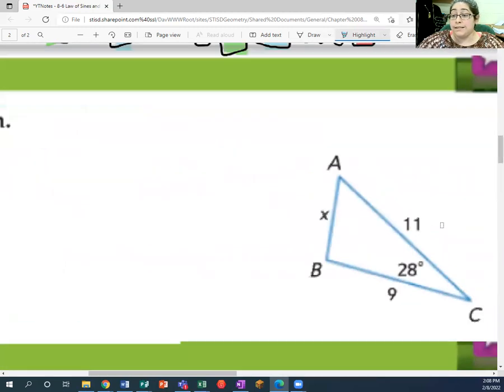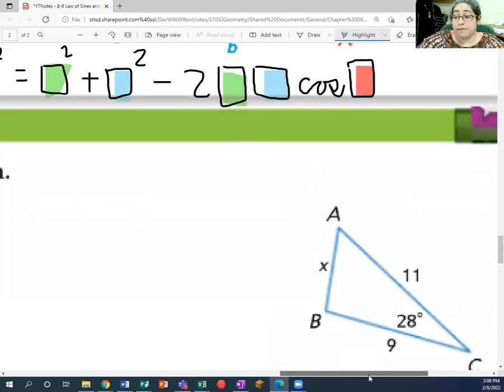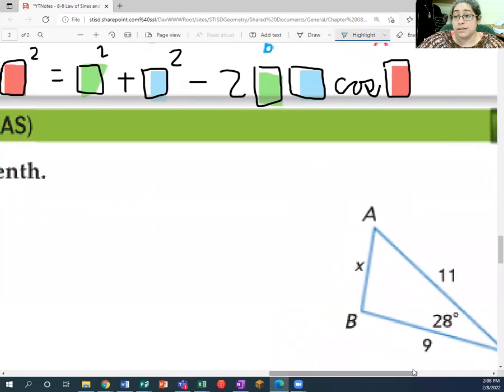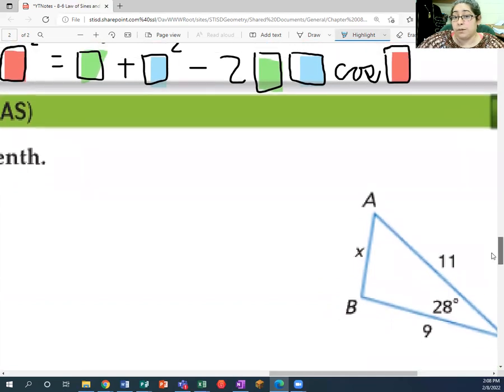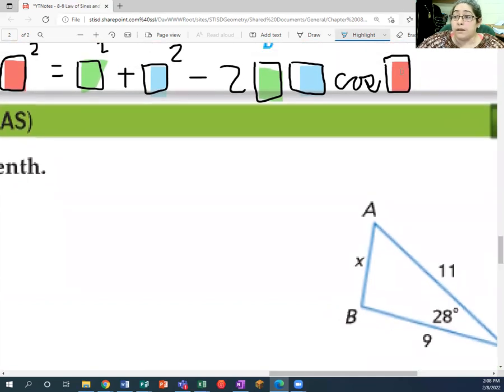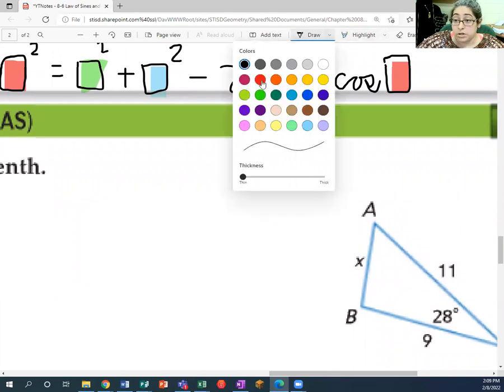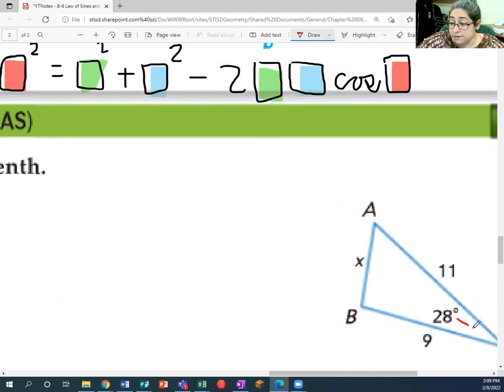All right, let's zoom in. I'm going to have my formula up here where you can see it, and I'm going to have my triangle down here where we can reference it. All right, going to look first for the angle measure. So here is the angle that I have a measure on, which means this is the side that's opposite that angle.